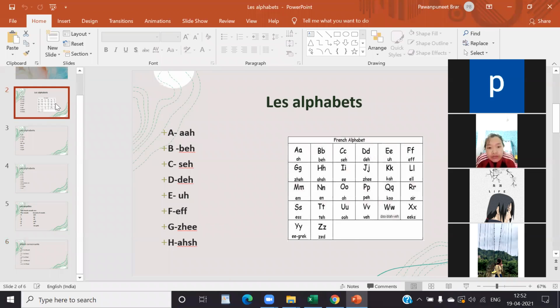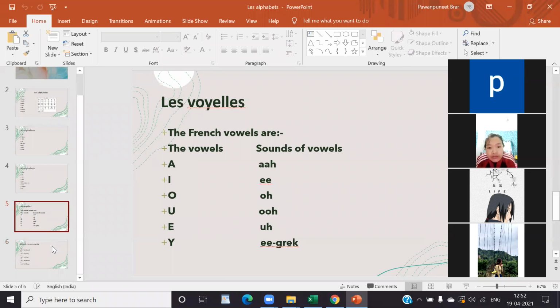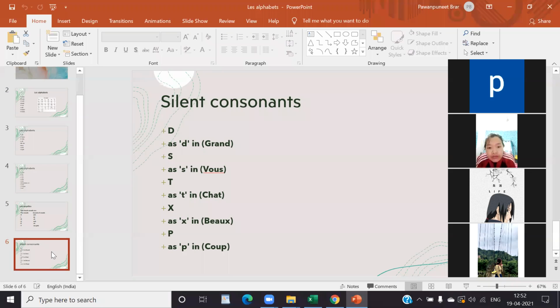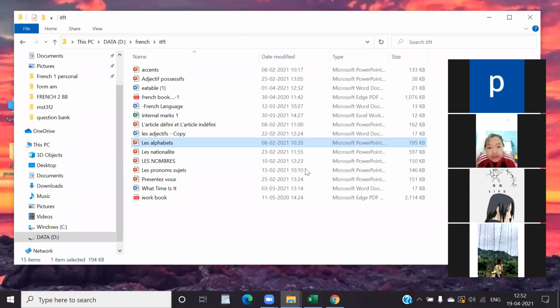We have done the alphabets, the vowels, and the silent consonants. There could be 3 questions from this entire slide. The next topic is accents. Let me open the accents.